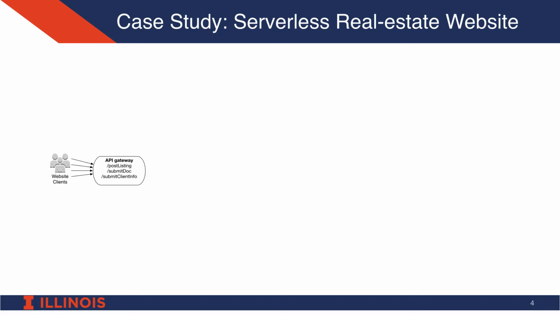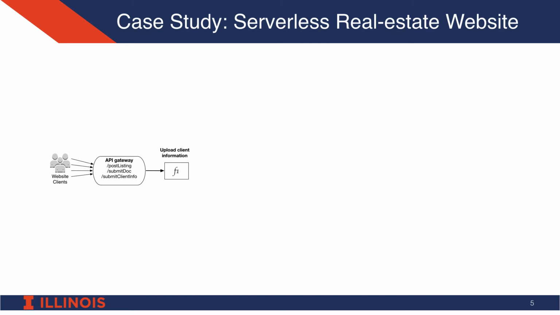And here we show an exemplar serverless architecture for such a website based on several case studies made available by Amazon AWS Lambda on their website. The real estate companies can post listings or upload their customer base information or some other important documents through exposed APIs in the API gateway.